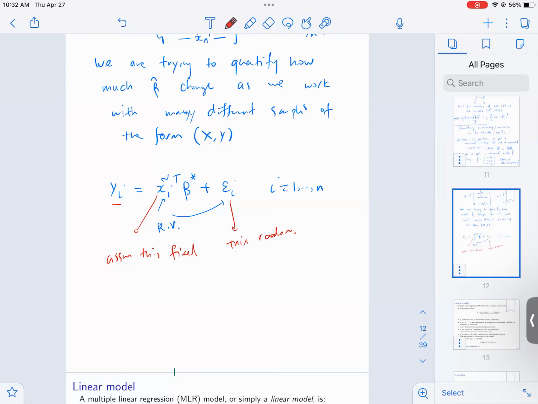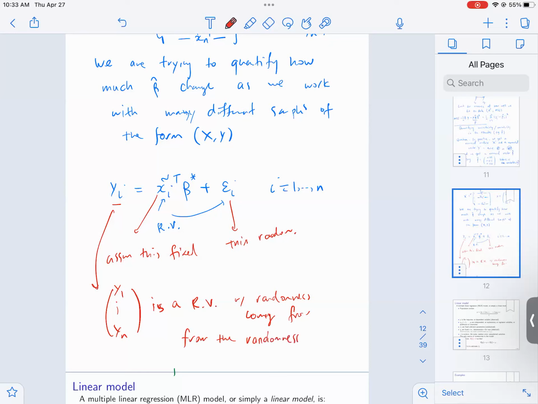So y_1 up to y_n is a random vector, with the randomness coming from the randomness in epsilon.